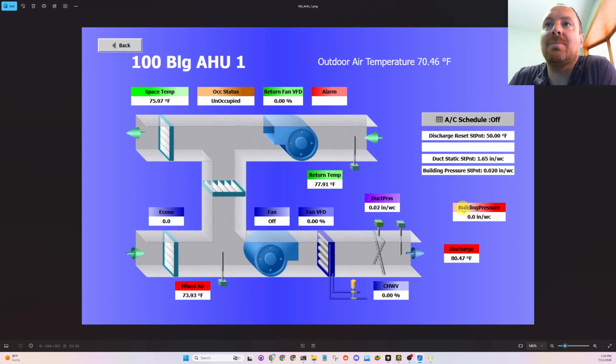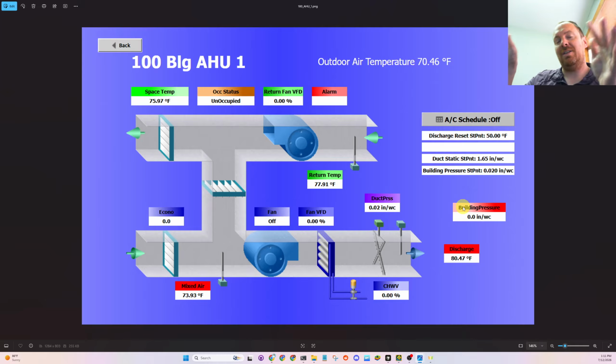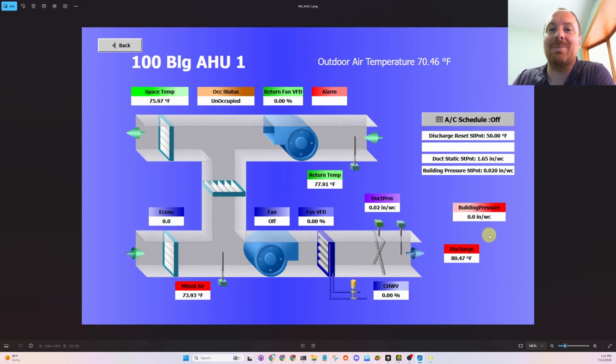that relieves pressure. If you have ever noticed, I see this in restaurants quite often, because restaurants usually have a big kitchen makeup air unit, with kitchen hoods exhausting, and then they need to make up air to keep the pressure stable. And if you ever noticed that classic restaurant where you just can't quite open the door, you have to give that extra nudge, that's a space pressure problem.